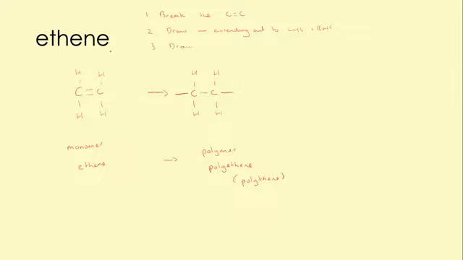We then draw square brackets around the repeating unit, so that the bond extends outwards, and then lastly I write n outside the bracket at the bottom, and that n just means a very big number.